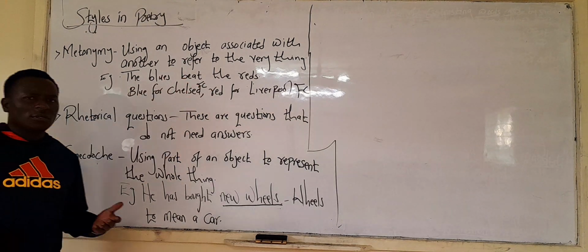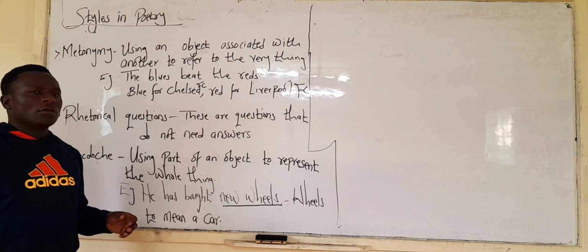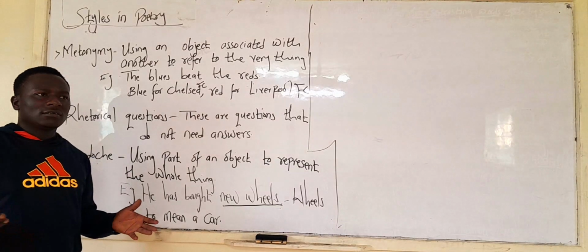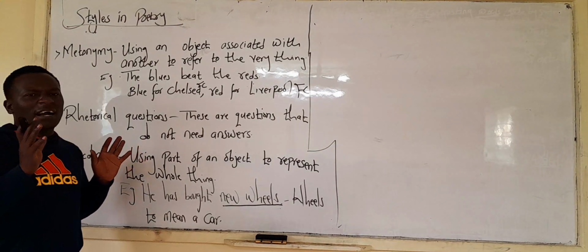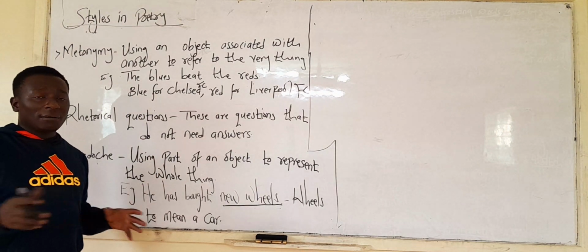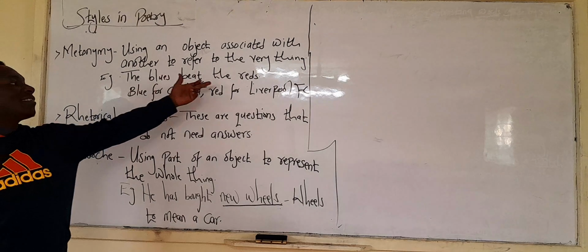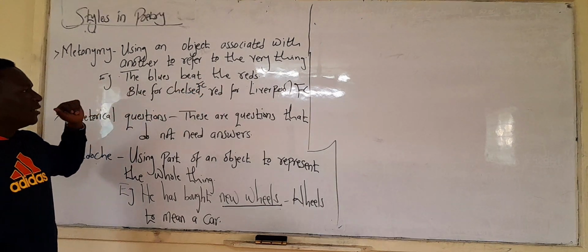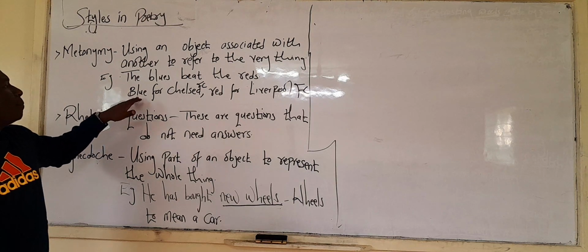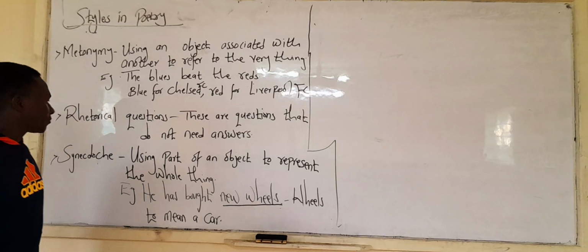If you're a football fan, Chelsea is represented by the color blue, and Liverpool call themselves the Reds. So the Blues beat the Reds, of which this is impossible. Blue is for Chelsea FC and red for Liverpool FC.